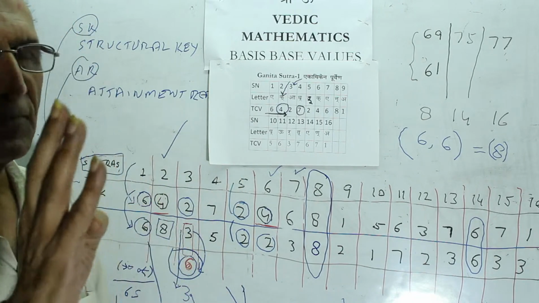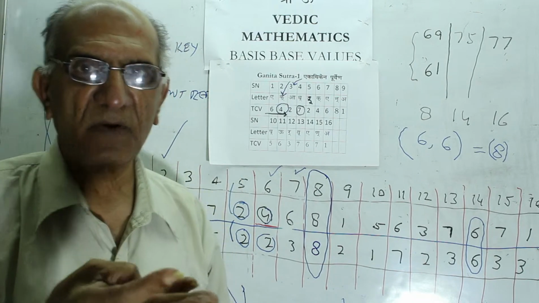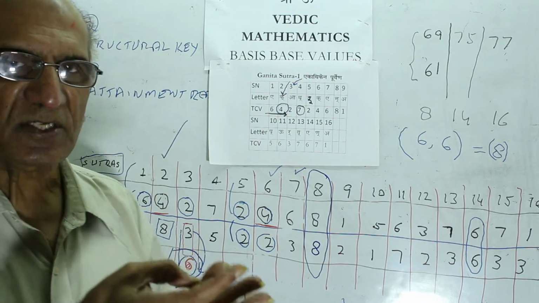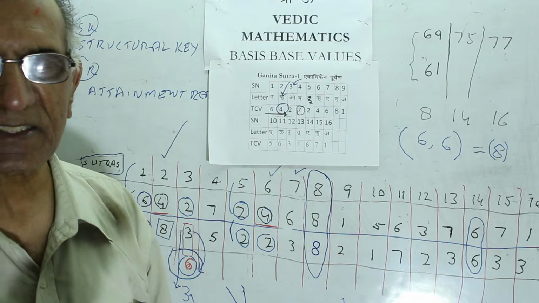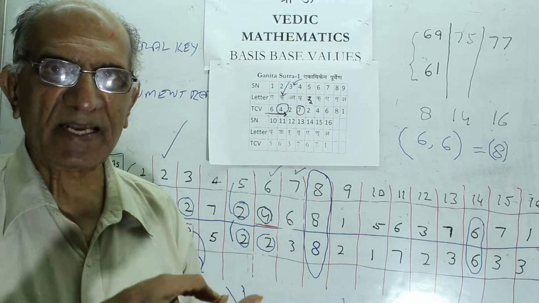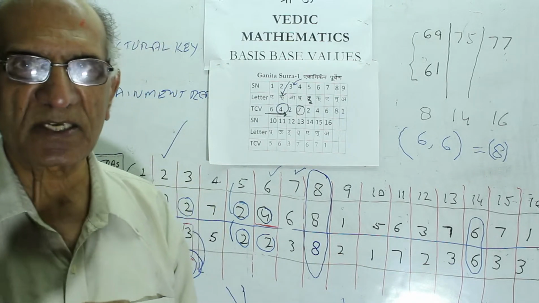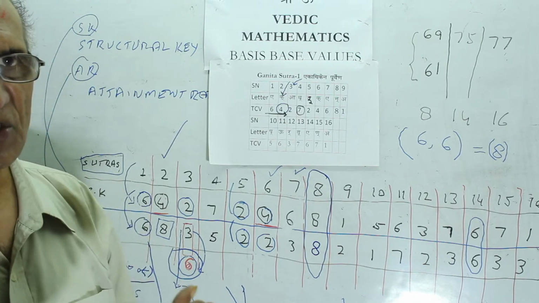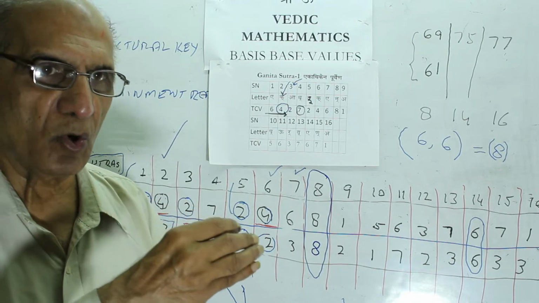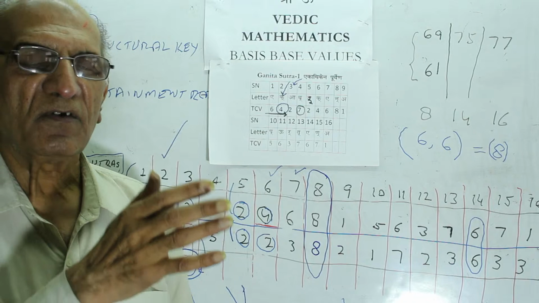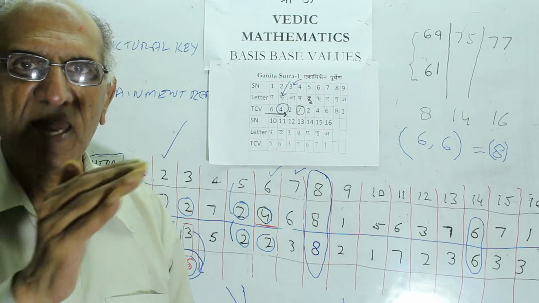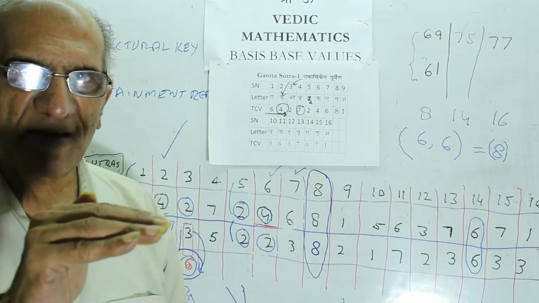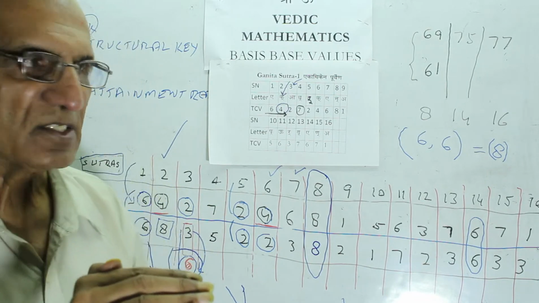Therefore, we have to learn Devanagari alphabet, the transcendental code values of these alphabet letters. Then we have to memorize the text of Ganita Sutras. Thereafter, we have to reach at the row range of the 16 letters of Ganita Sutra 1 and its transcendental code values as the structural keys.